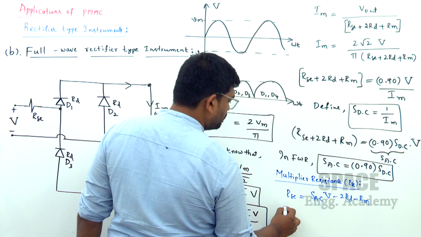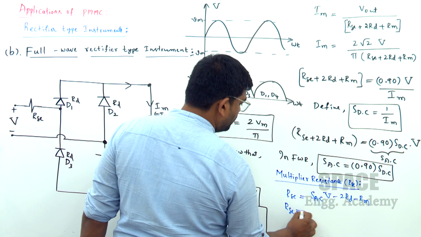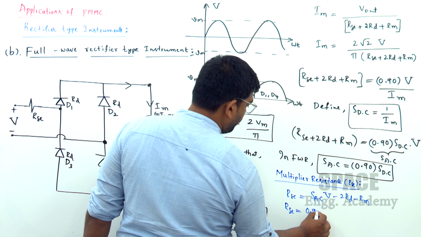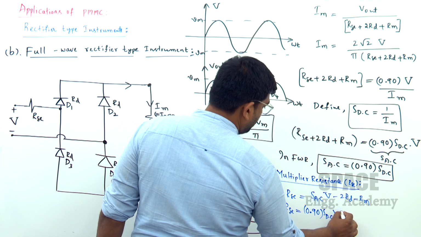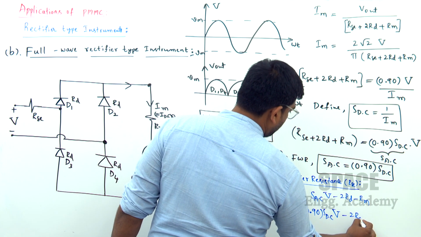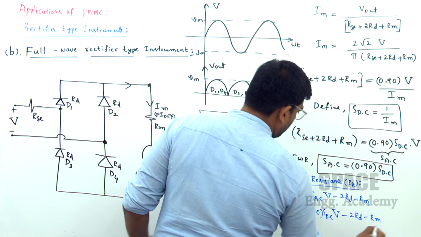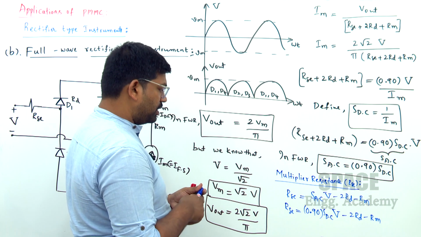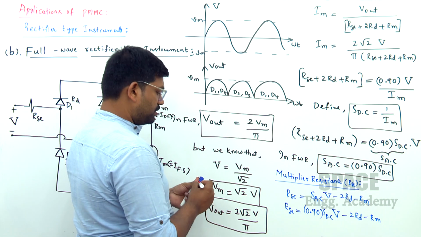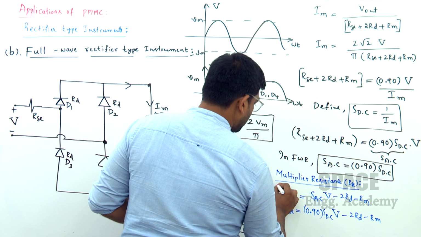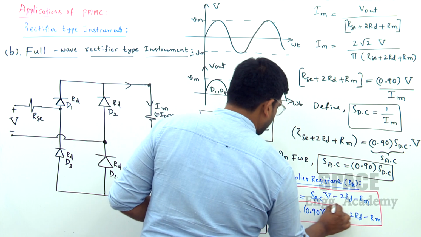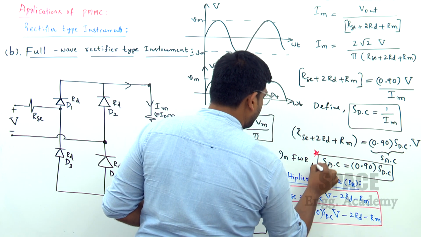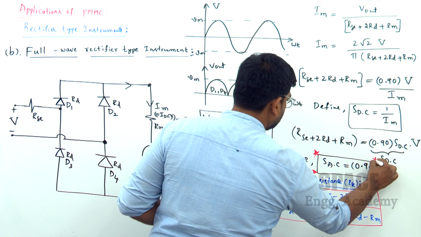If I express in terms of DC sensitivity, then this will be the difference. So 0.9 into DC sensitivity into RMS voltage minus 2 RD minus RM. In this way we can express the multiplier resistance in case of full wave rectifier type instrument. These are the important relations we should recognize here.